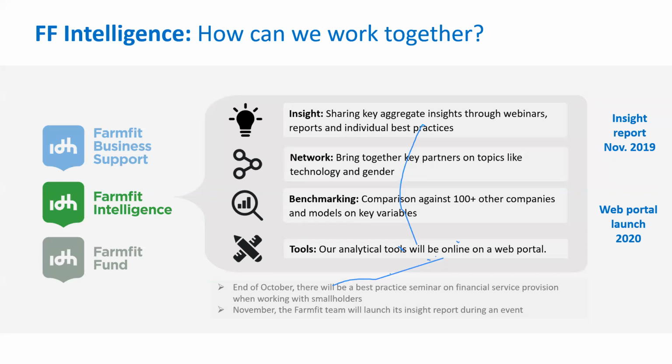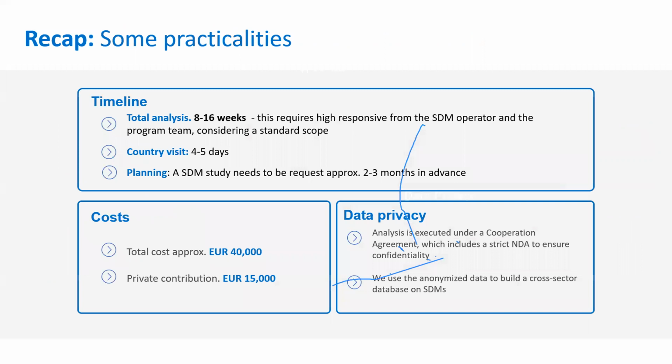Okay, if there are no further questions, with only a few slides left, I would move on. So, to recap some of the practicalities, like Kaf said actually, a normal study takes around 8 to 16 weeks, which requires high responsiveness from the SDM operator and the program team. And this is just considering a standard scope.